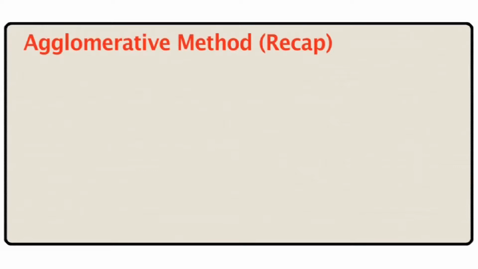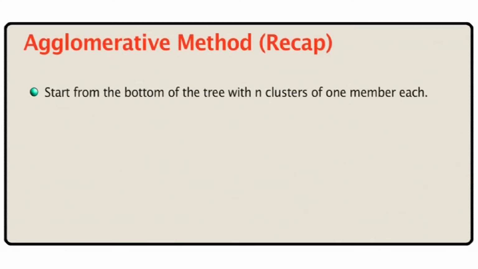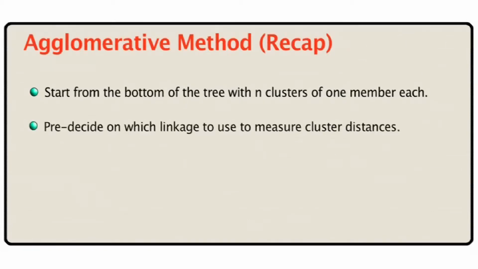Agglomerative method consists of the following. You start from the bottom of the tree or the dendrogram with n clusters of one member each. So at the very beginning we have n different clusters, and then we decide on a particular type of linkage, which is the distance between the clusters.